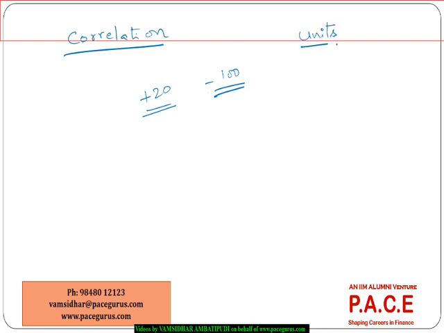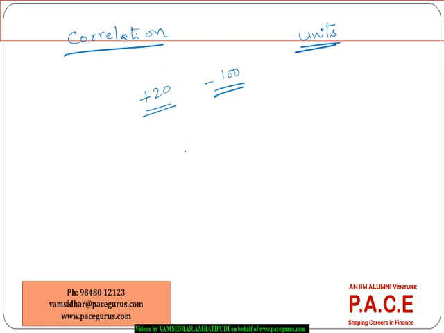So if I had taken the data in meters, I would have got a different covariance, and if I have taken the same data in kilometers, I would have got a different covariance. So I can't clearly say, based on the covariance, whether my number is higher or lower.